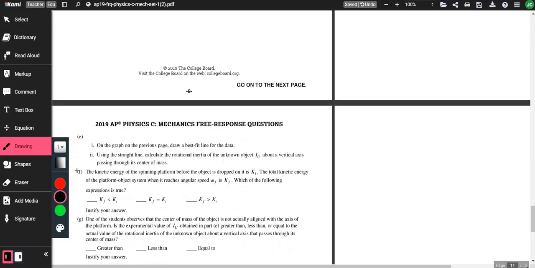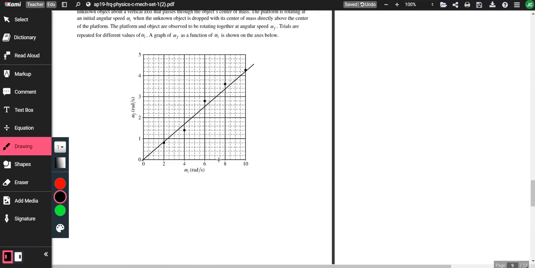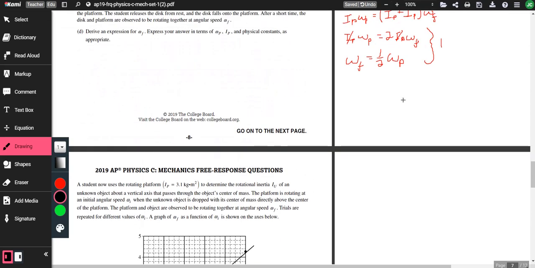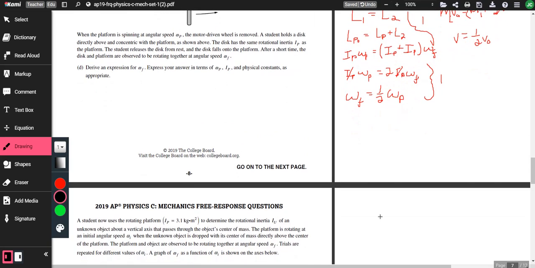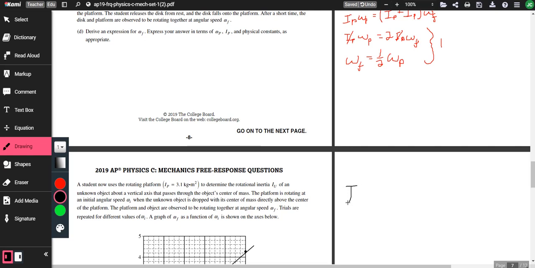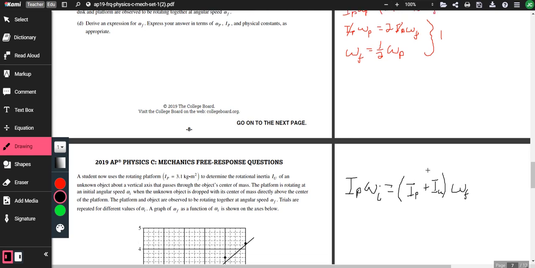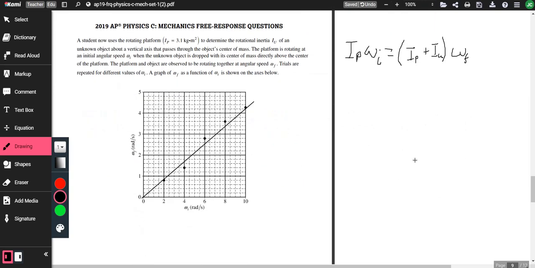Now, in order to find this rotational inertia, I actually want to fool around with the equation first. If we look back to the previous question, I'm going to rewrite this. This was I_P omega_I equals I_P plus I_U times omega_F. So the equation I have is omega_F versus omega_I.